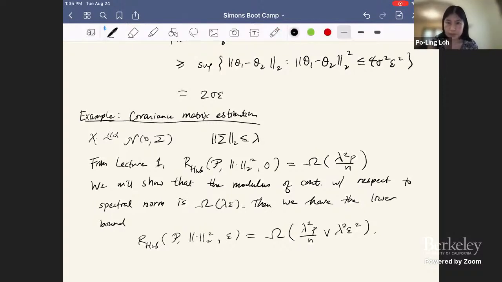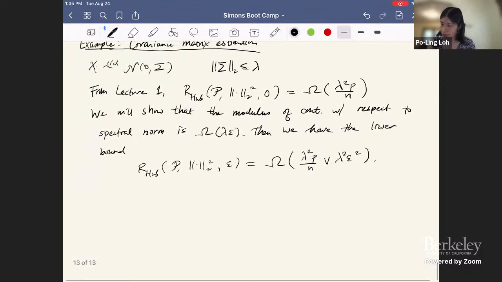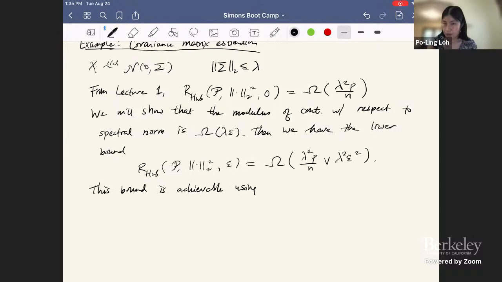Okay, so how do we go about doing this calculation? Oh, also this is achievable. So this bound is achievable using a generalization of the Tukey median, based on matrix depth.